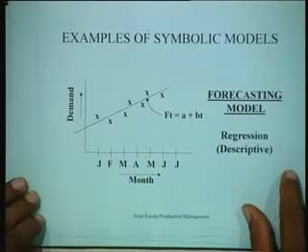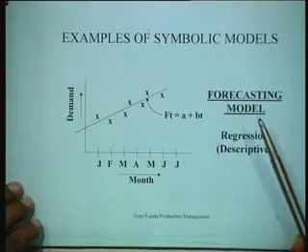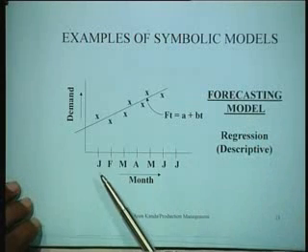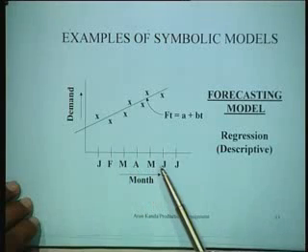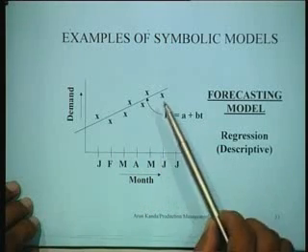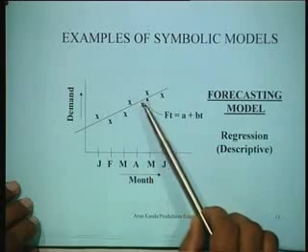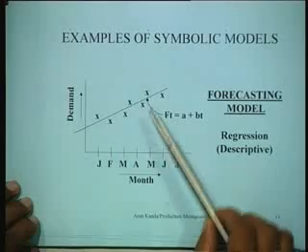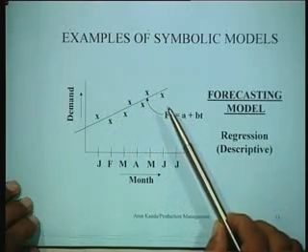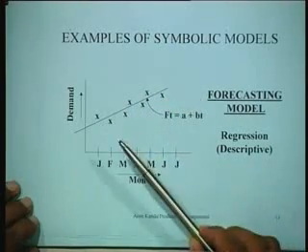Since symbolic models are generally the most popular in production management, we look at a few examples of symbolic models. Suppose I have the past history, January, February, March, April, May, June, with the actual demand for a certain product, and I want to utilize this information to find out what the demand for the future months is going to be.